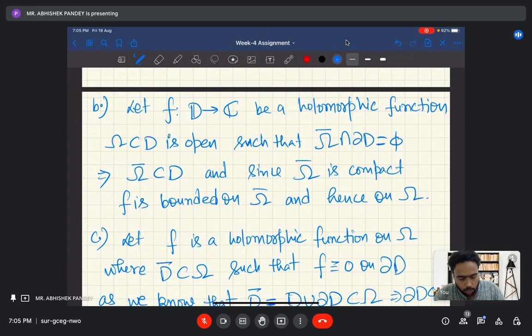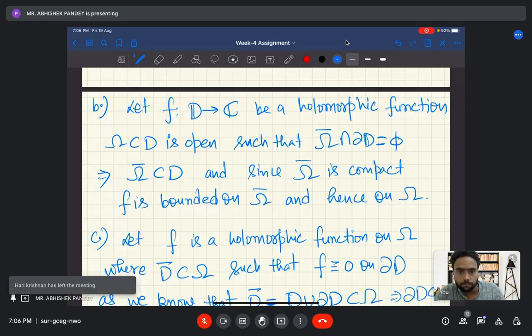Omega is an open subset of D such that the intersection of omega closure with the boundary of D, the unit circle, is empty. So basically omega closure is in D itself, and since omega closure is compact, f is bounded on omega closure and hence on omega.